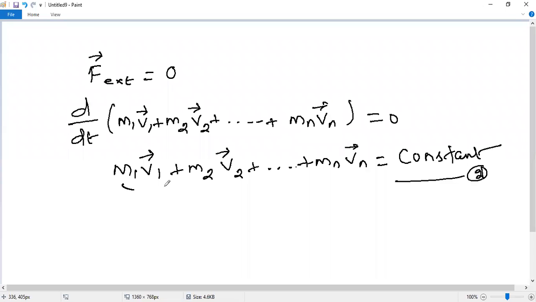For all this, I consider capital M, capital V vector equal to constant. Below you can write now the law of conservation of linear momentum.